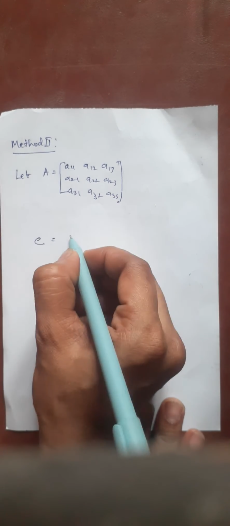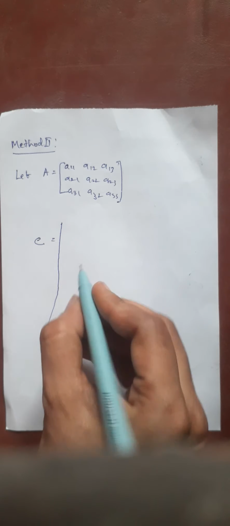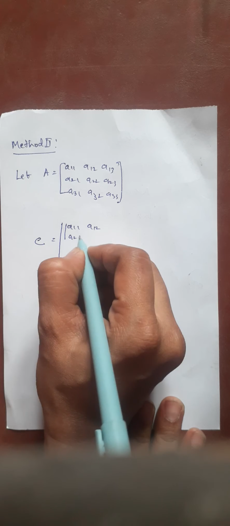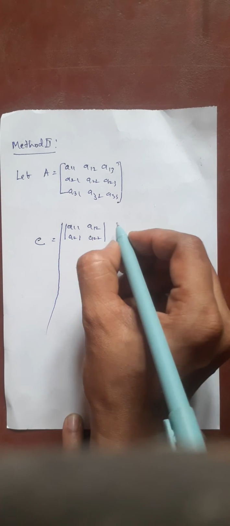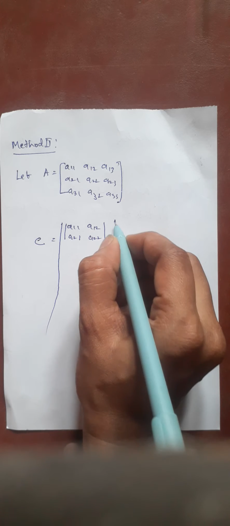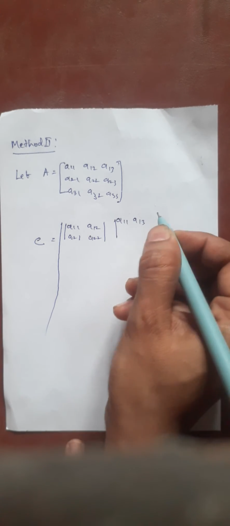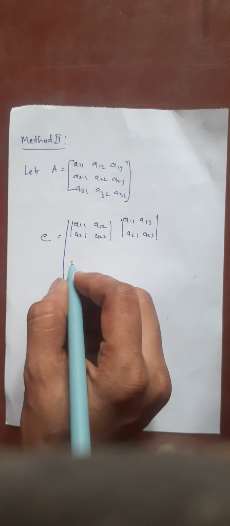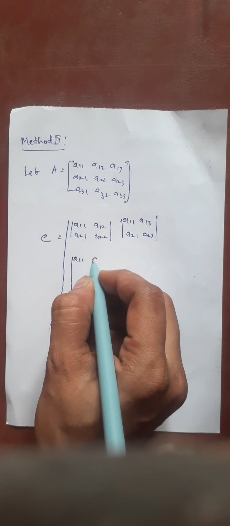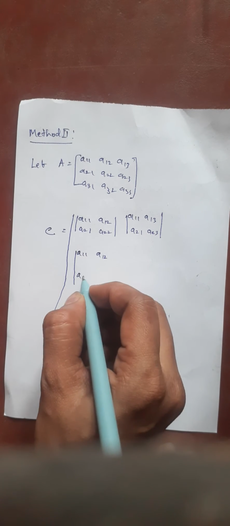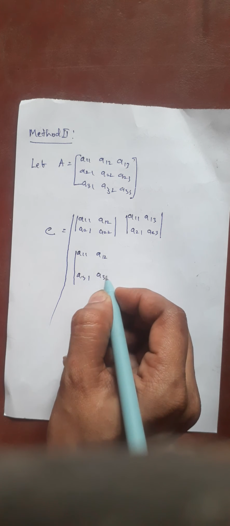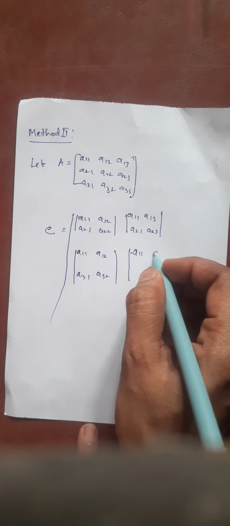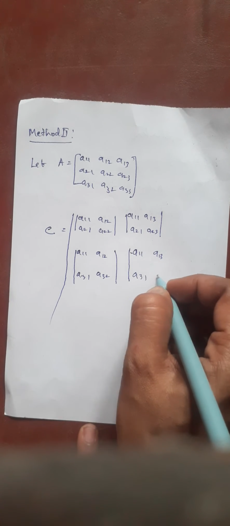So let C be the matrix of determinants: determinant of A11, A12, A21, A22; determinant of A11, A13, A21, A23; determinant of A11, A12, A31, A32; determinant of A11, A13, A31, A33.